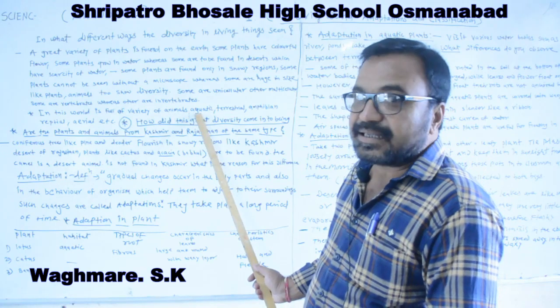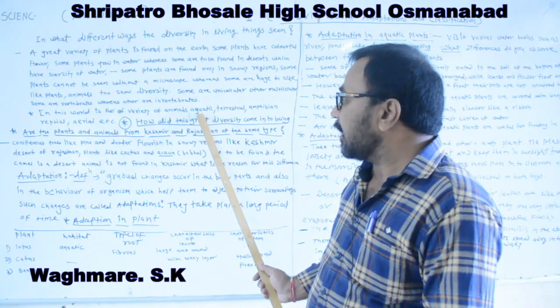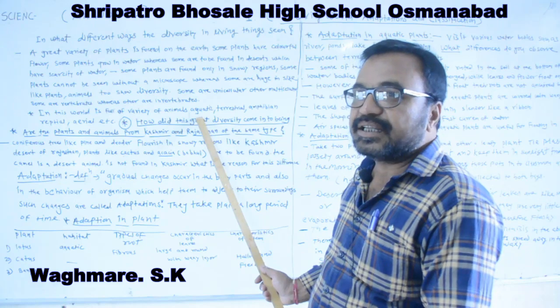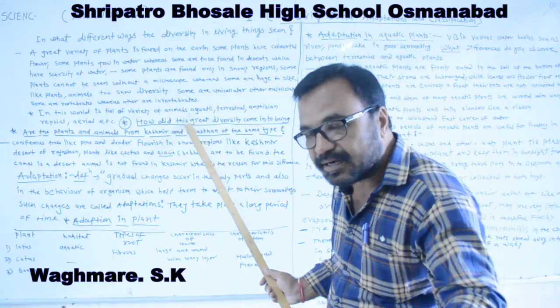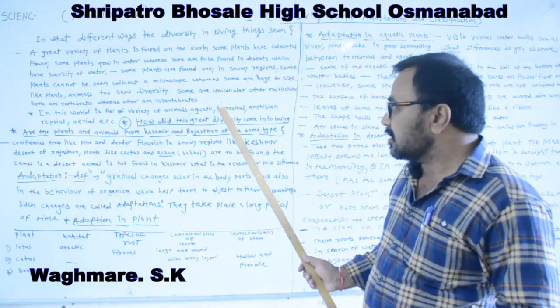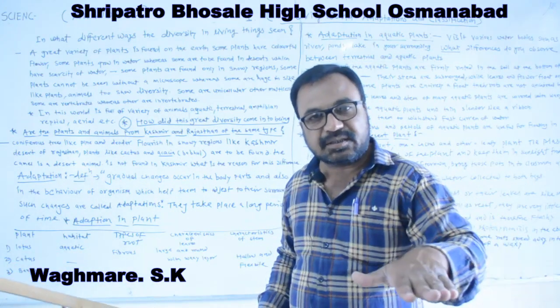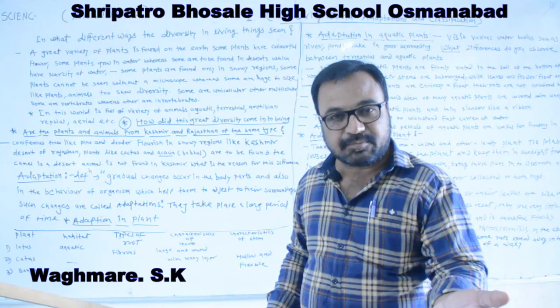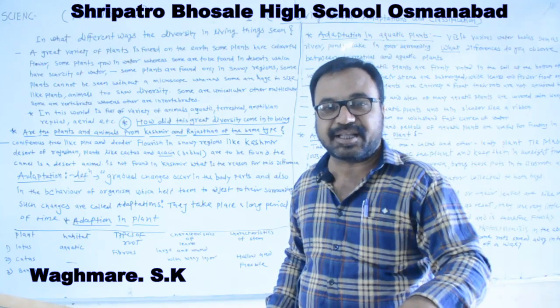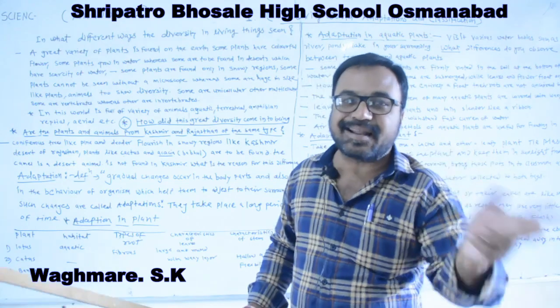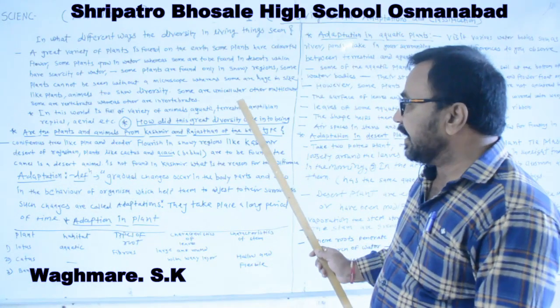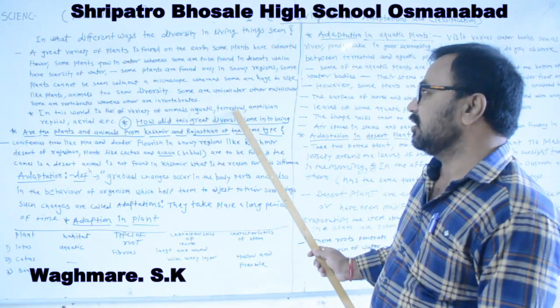Some plants and animals living in the aquatic portion are known as aquatic plants and aquatic animals. Some live on the terrestrial surface of the earth, plants as well as animals growing there. Therefore, these are known as terrestrial animals and terrestrial plants.